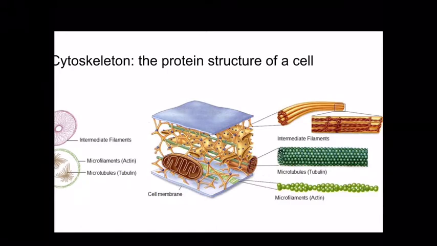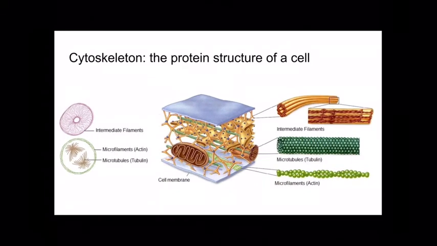The intermediate size type of fiber are called intermediate filaments. Of course intermediate means like middle, right? So those are the middle-sized filaments. They're actually showing up on top on the right on this diagram. Intermediate filaments are thicker and stronger than microfilaments, so they're going to provide more support in areas of mechanical stress, and they stabilize the positions of some organelles.